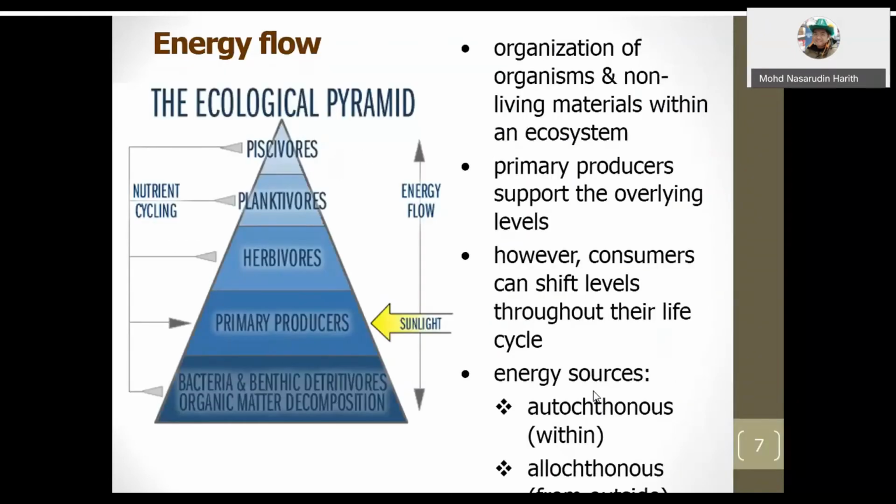This ecological pyramid shows the energy flow, which is the organization of organisms and non-living materials within an ecosystem. In this pyramid, the primary producers support the overlying levels. However, consumers can shift levels throughout their life cycles. The energy source for the ecological pyramid can be from within the pyramid, which is called autochthonous, or from outside the pyramid, which is called allochthonous.